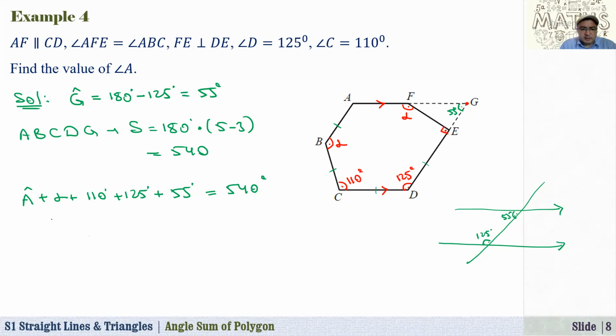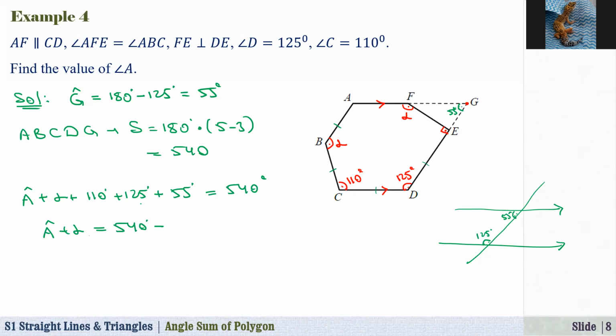Now from here, we get angle A plus angle alpha is equal to 540 minus 125 and 55. That is 180, and then 180 minus 110. 540 minus 180 is 360. 360 minus 110, that's equal to 250 degrees.